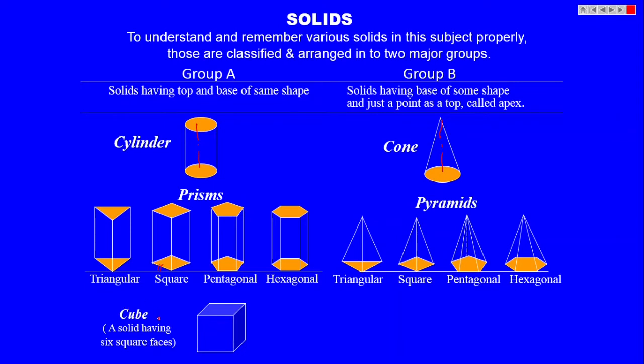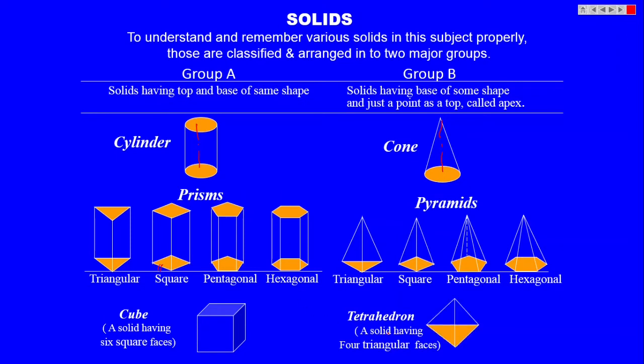That type of category of prisms are known as cube. A solid having six square faces.